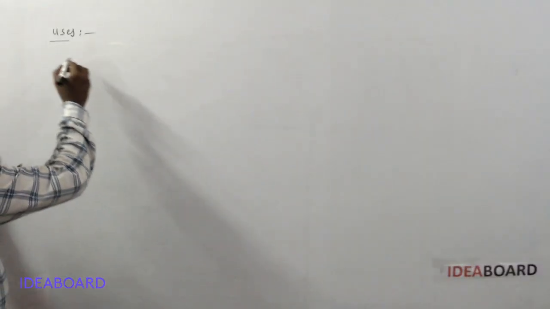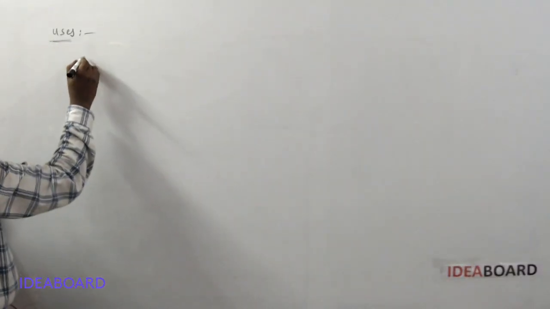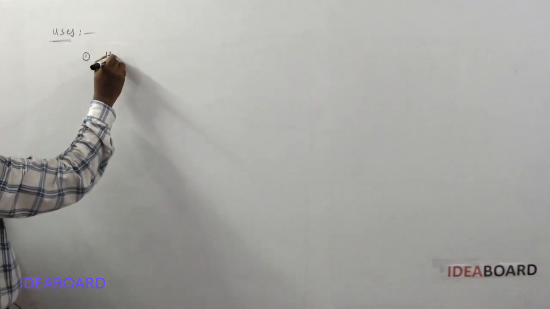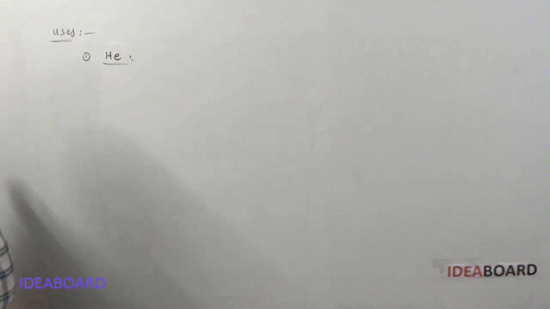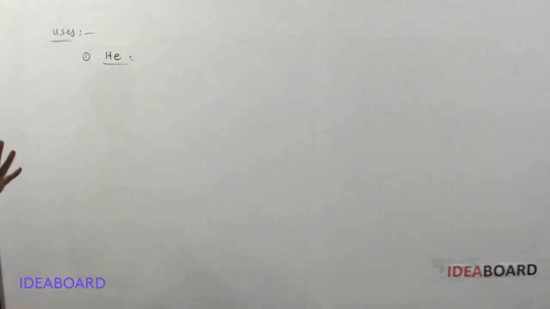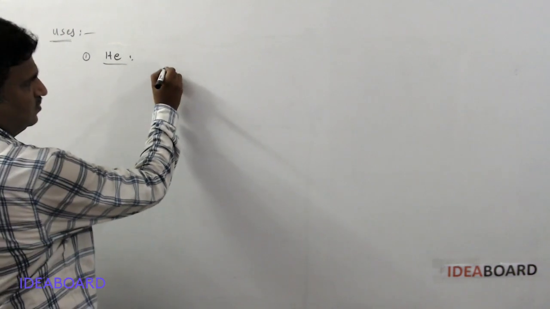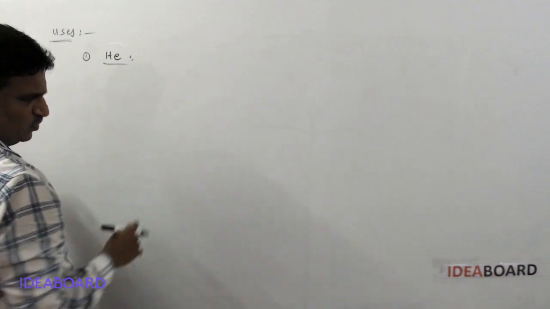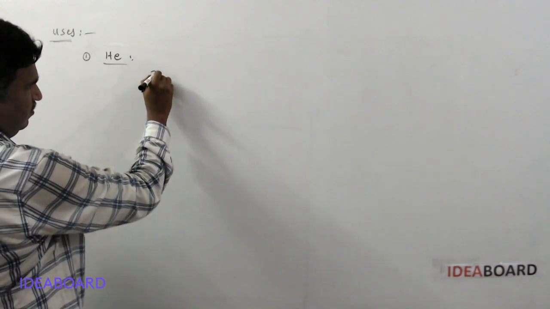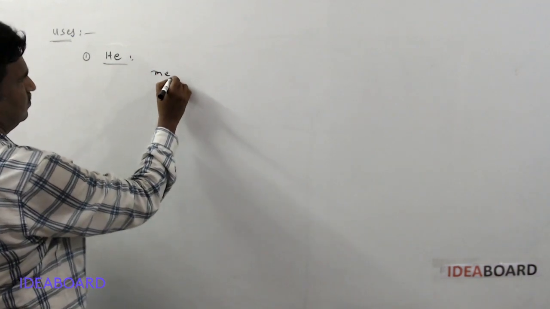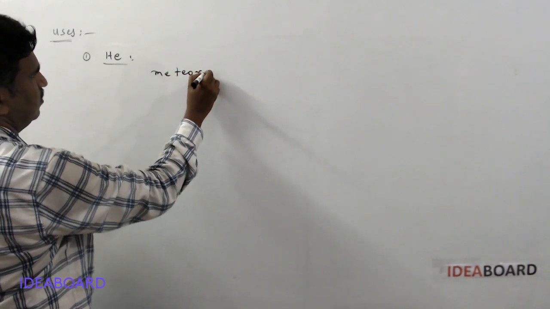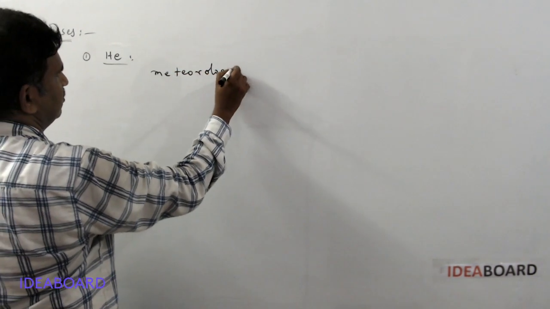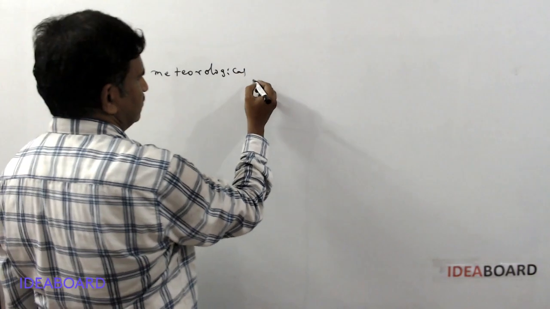Next, uses of noble gases. The first one is helium. Helium is a non-inflammable and light gas, and this is mainly used in the filling of balloons which are used for meteorological observations.